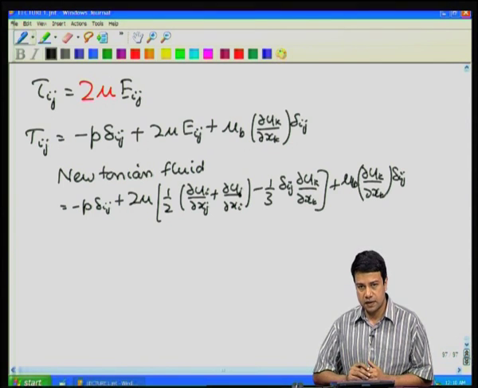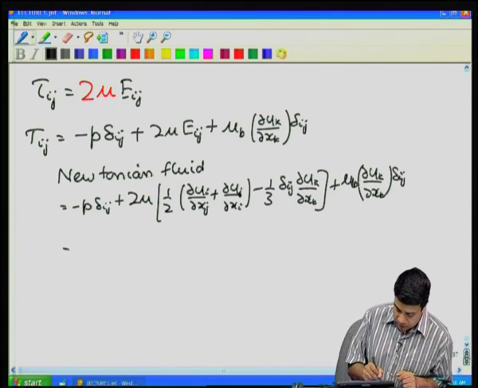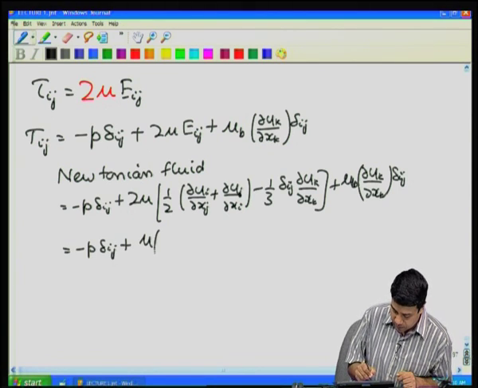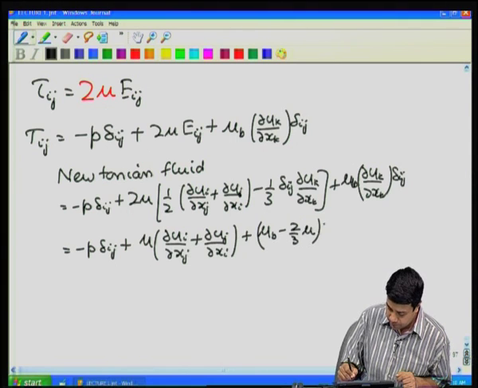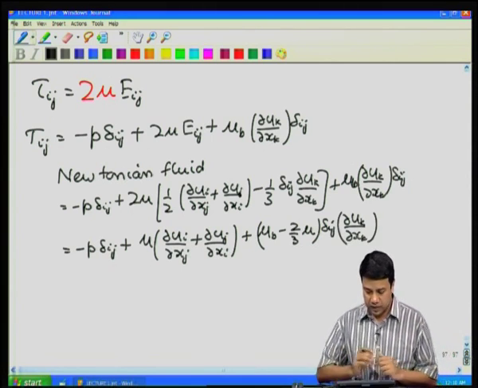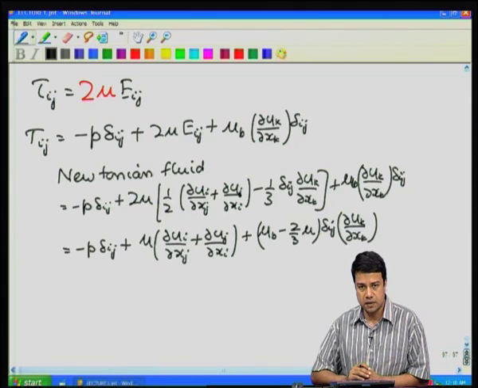And of course, I can expand this out and simplify it to get minus p delta ij plus mu b minus 2 by 3 mu. So, that is a complete expression for the stress tensor for a Newtonian fluid.